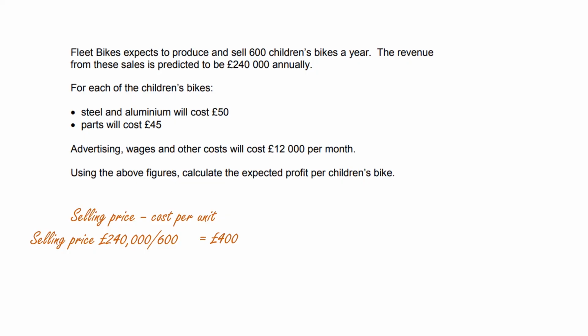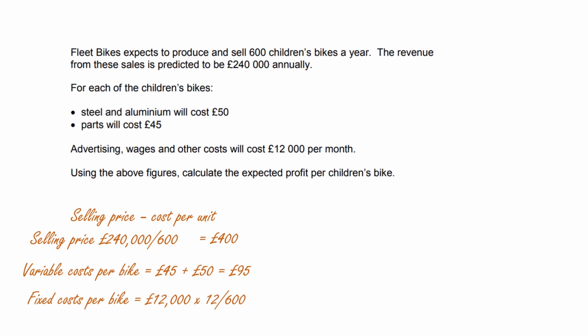The variable cost per bike is £45 plus the £50, and that gives us £95. The fixed costs per bike are £12,000 times by 12 divided by 600. Now the 12 is for the 12 months of the year, and the 600 is the 600 children's bikes a year, and that gives us £240.